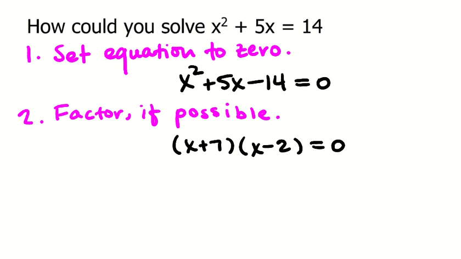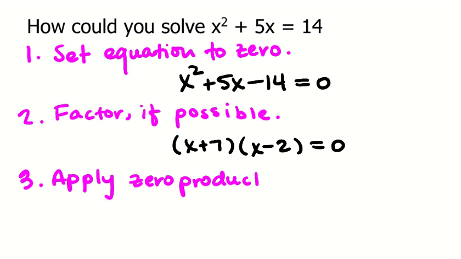And then the third is going to be apply the 0 product property if it is factorable, and then solve from there. But I haven't told you about the 0 product property yet. Okay, the 0 product property. Here's the deal.